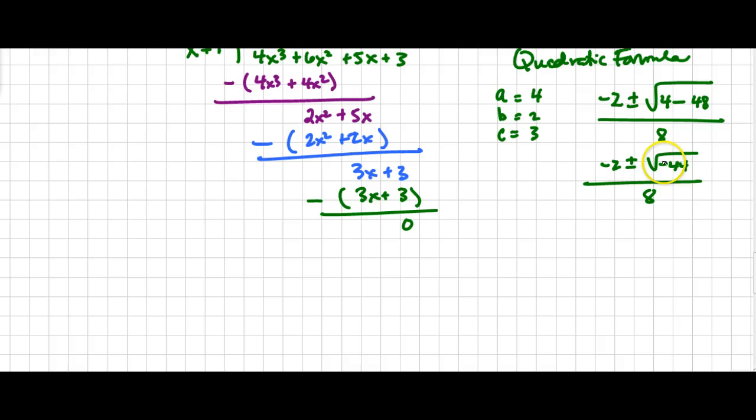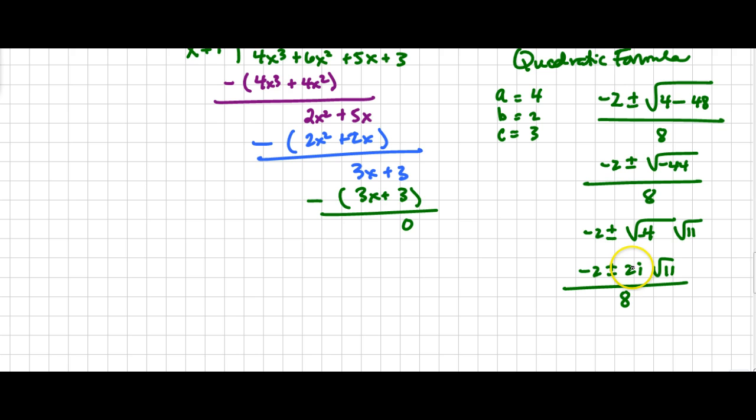So let's simplify that part as much as we can. Negative 2 plus or minus, let's break that down into negative 4 and 11. The negative 4 is going to turn into negative 2 plus or minus 2i square root of 11 over the 8. I broke that up into 4 and 11 because I knew the square root of 4 was going to be a 2.